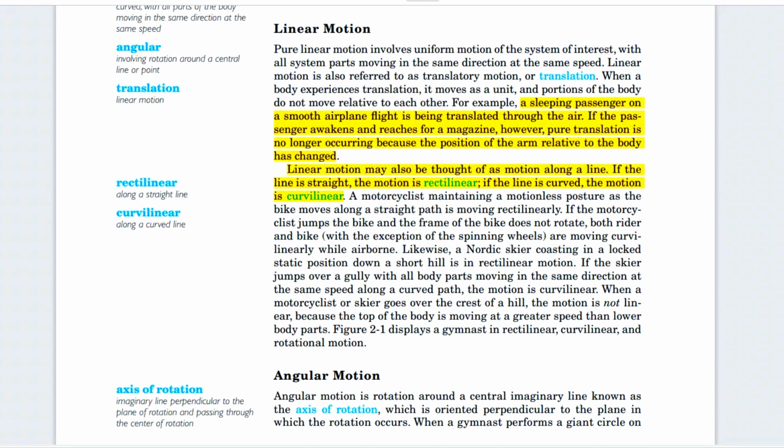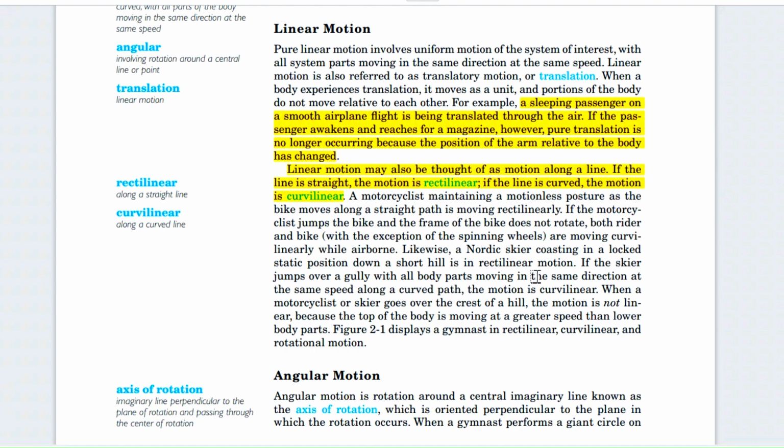Curvilinear and rectilinear are the two linear motions. As we have discussed, rectilinear is the straight linear pathway. Curvilinear is when the pathway changes. There is no change in the direction or the speed, just a change in the pathway, a slight curve in that pathway, as when you are in a car and take a slight turn on the road. It is not a complete turn.